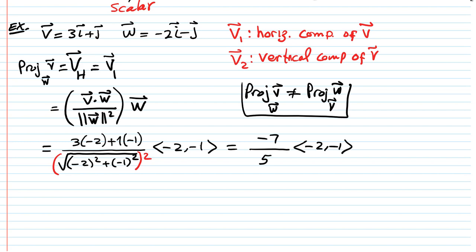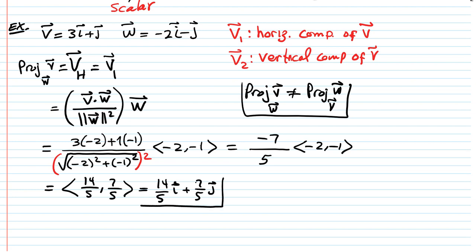And when we do, now we have the projection. In algebraic form it's 14/5, comma, 7/5, which we can write in ij form as 14/5 i plus 7/5 j. Okay, and that's what the projection is, v1.